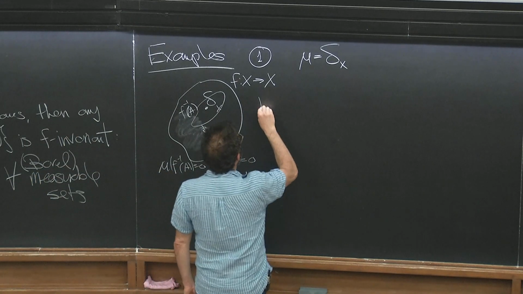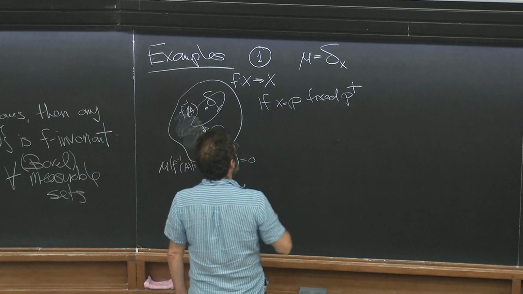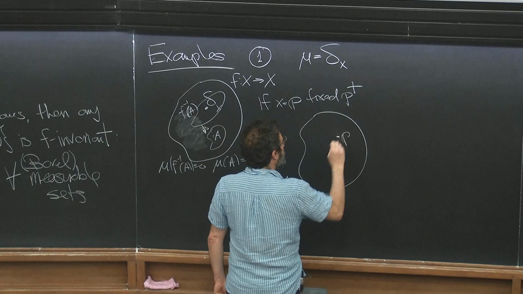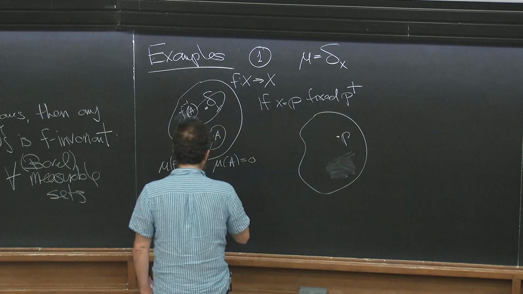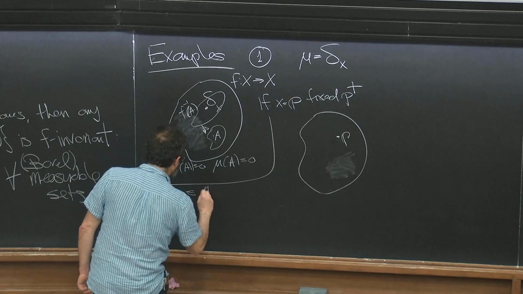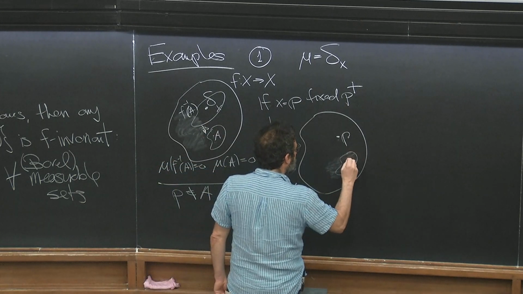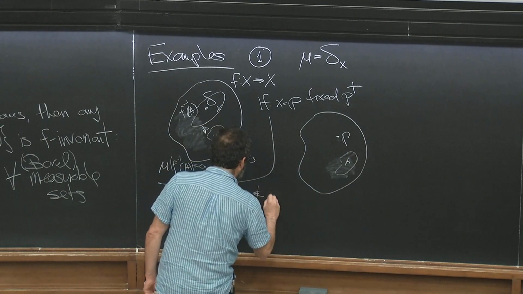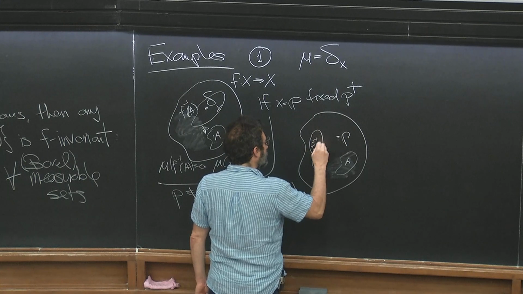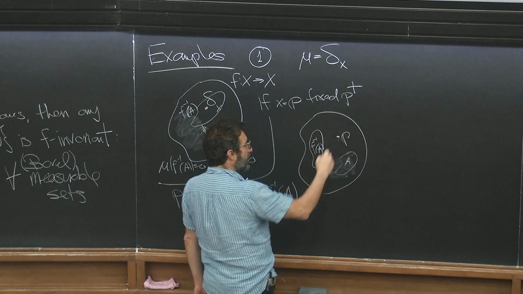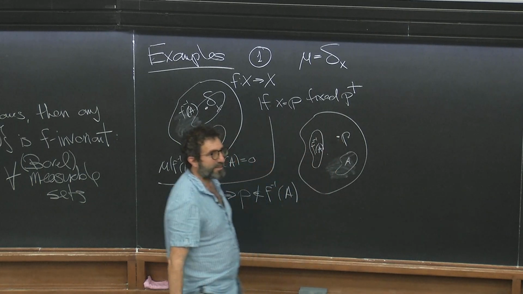So if x equals p is a fixed point, then you can easily show that if you take a set A that does not contain the fixed point, so if p does not belong to the set A, then this implies that p also does not belong to f minus 1 of A. Because if f minus 1 of A contained p, then the image of f minus 1 of A, by definition f of f minus 1 of A is equal to A, would also contain p.